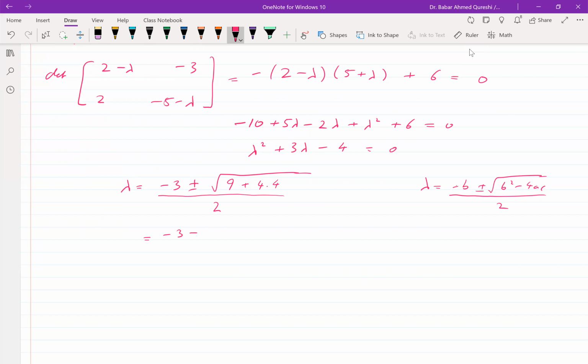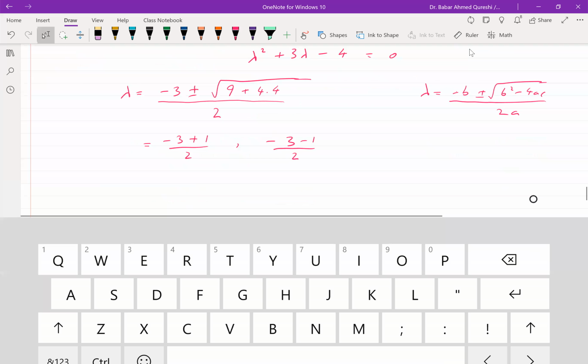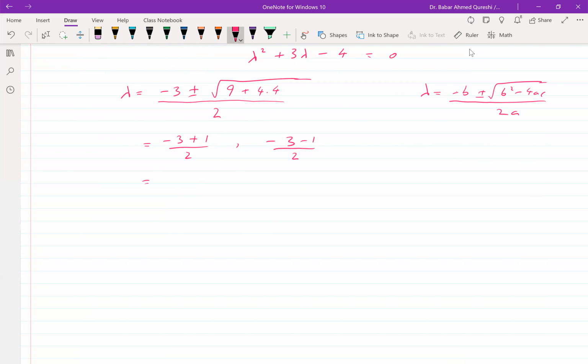So I get minus 3 plus 1 over 2 and minus 3 minus 1 over 2. So I get lambda 1 is minus 3 plus 1 minus 1, and lambda 2 is minus 3 minus 1, minus 2.